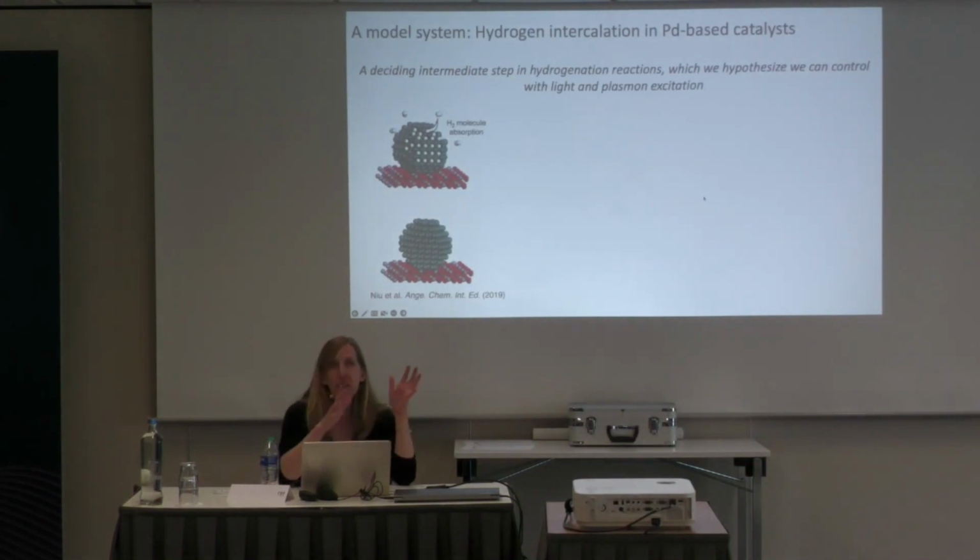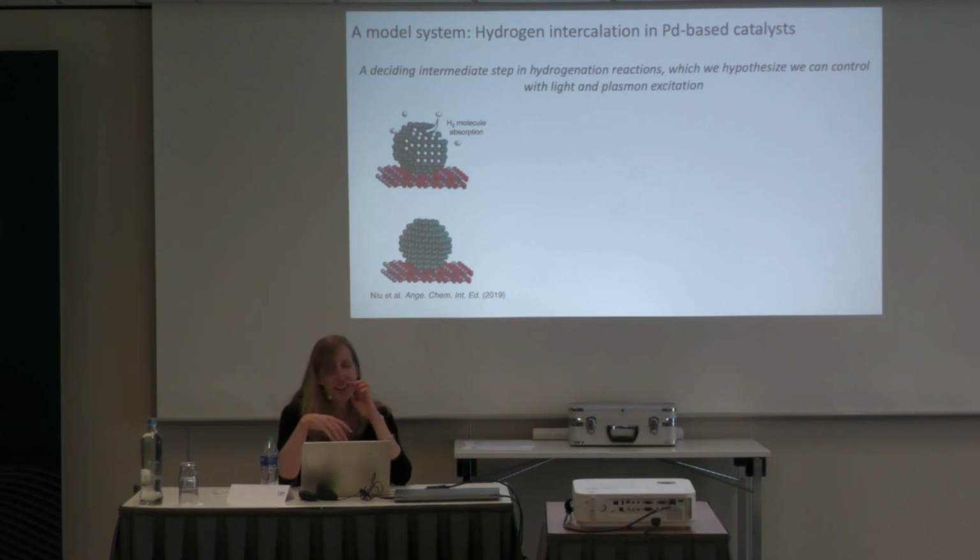Okay, so a lot of catalytic reactions have hydrogen involved. That hydrogen molecule will get split into two hydrogen atoms or ions that then can be added onto another reactant. So these are generally reduction reactions.